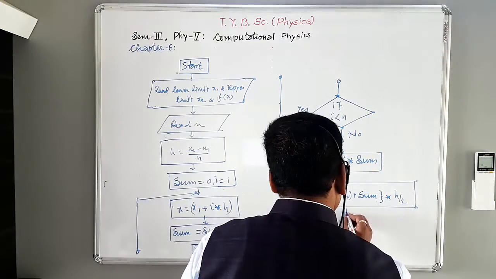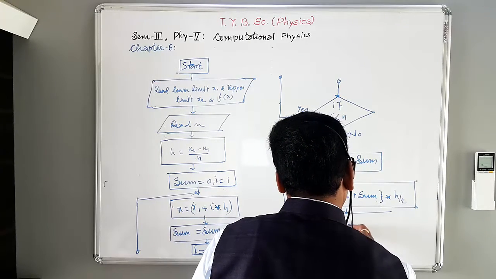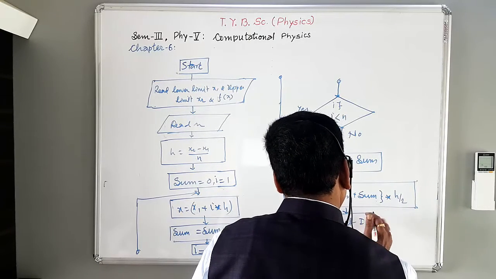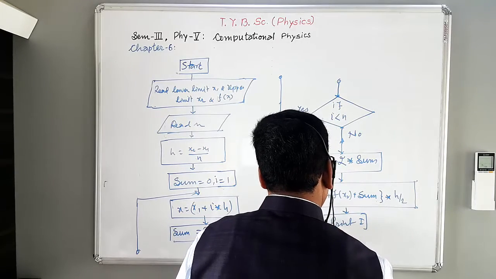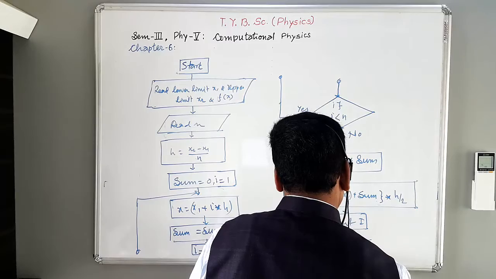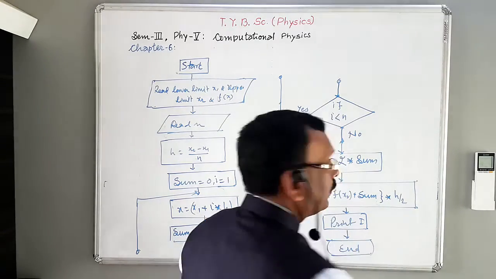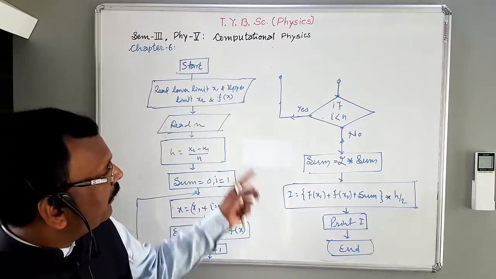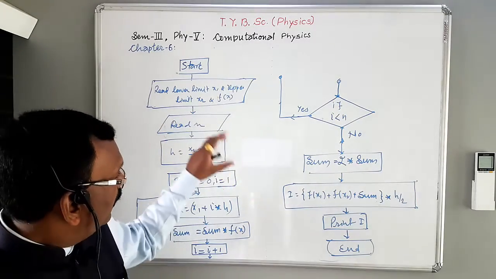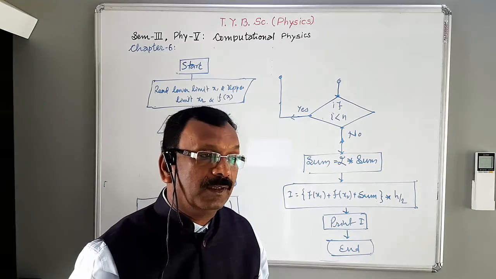In the next step we have to print the integration, and then lastly end or stop. Okay, in this way we can draw a flowchart by using the algorithm.